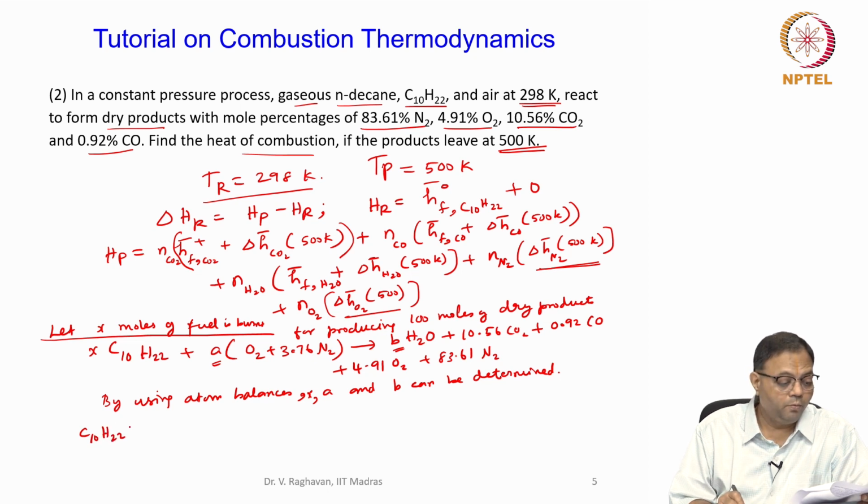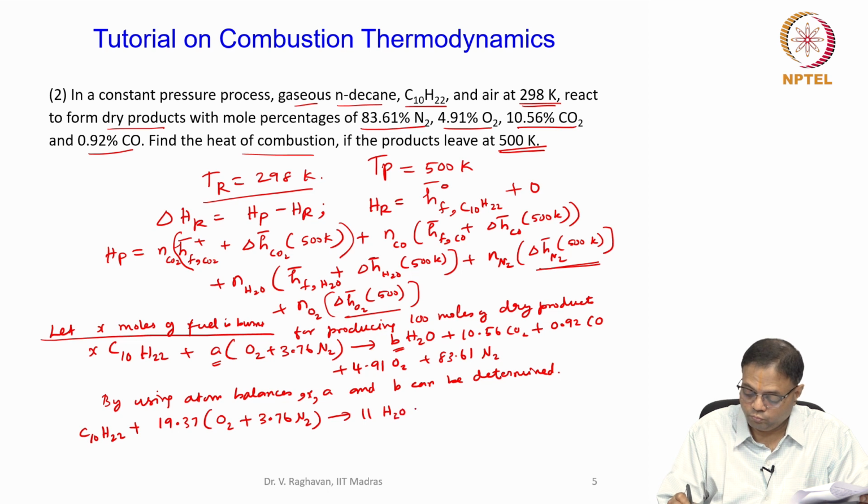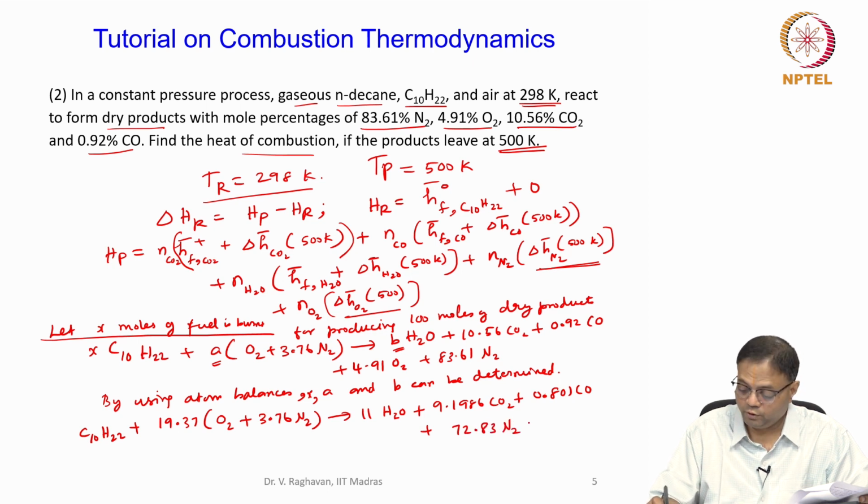C10H22 plus 19.37 times O2 plus 3.76 times N2 giving 11 times H2O plus 9.1986 times CO2 plus 0.801 times CO plus 72.83 times N2.